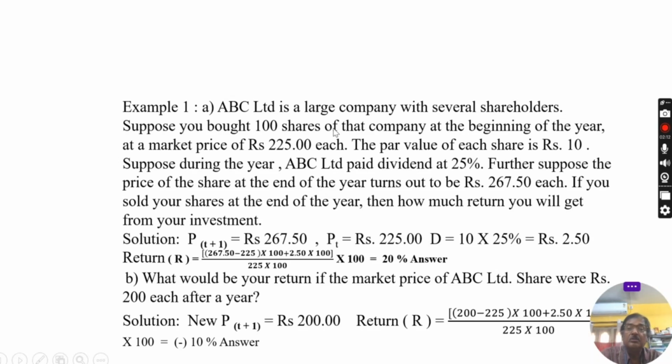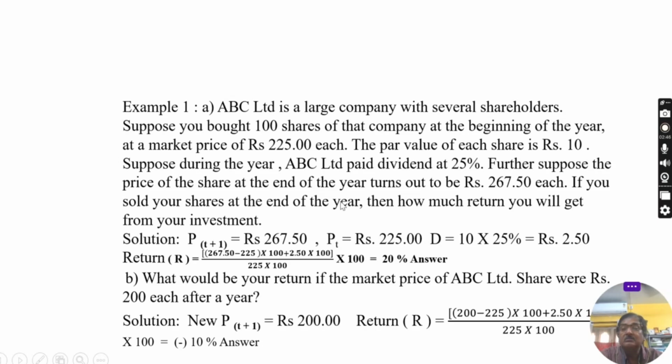I have shown one example. Suppose I have invested in shares of the company ABC Limited. I have purchased 100 shares. At the time of purchasing, the market price of the share is 225 per share.